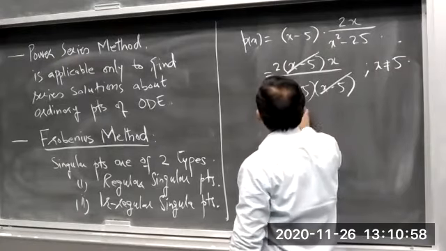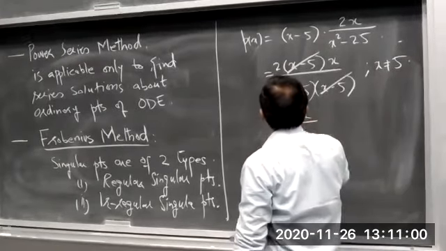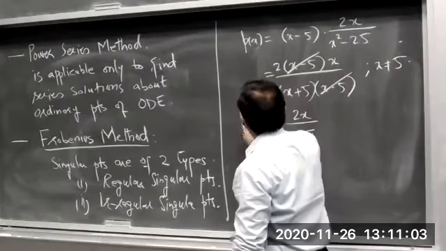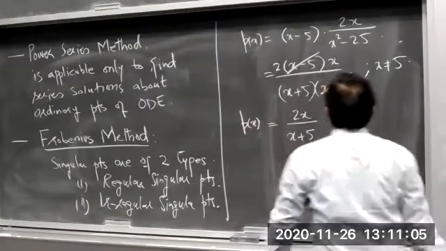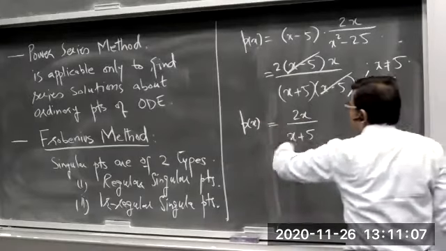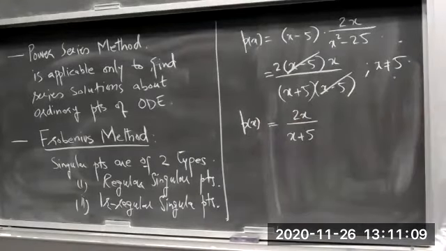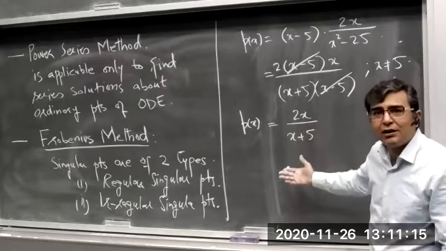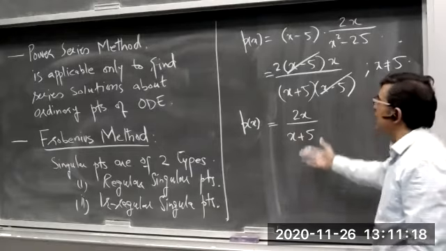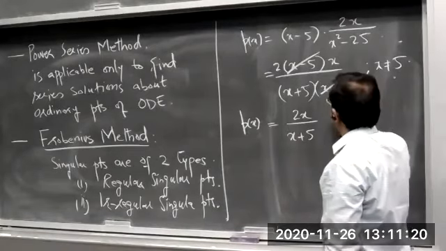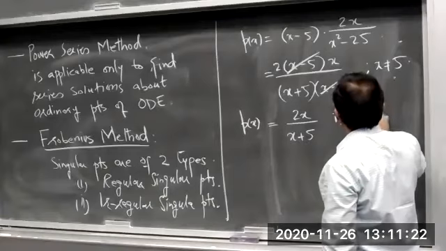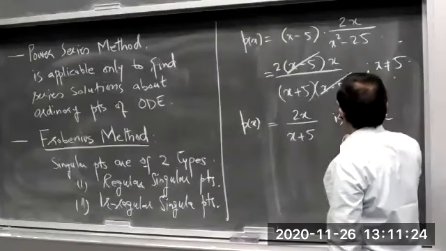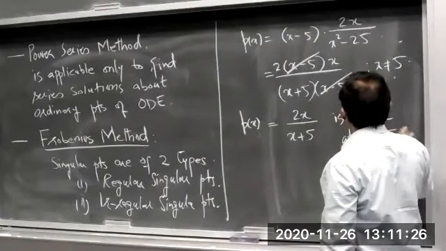So it becomes what? 2x divided by x plus 5 small p of x. अब x equal to 5 पे ये फंक्शन क्या है? ये कॉन्टिन्यूस और ये एनालिटिक है. x 5 यहां पे पुट करें तो अनडिफाइंड तो नहीं होता, it's a fractional function. So small p of x is analytic at x equal to 5, ठीक है.